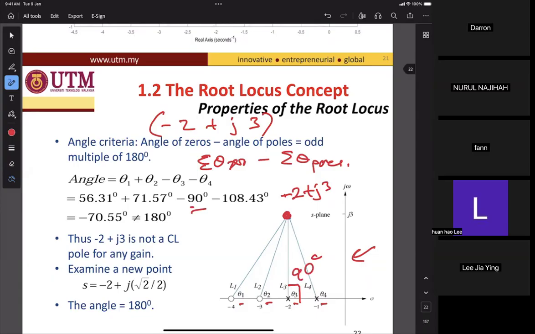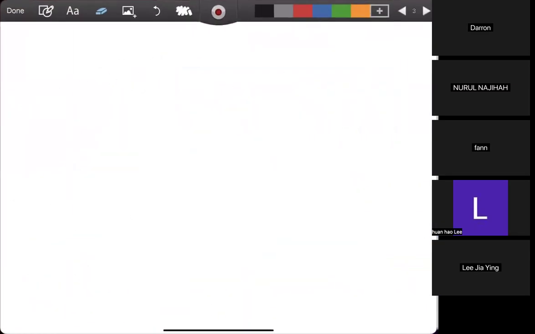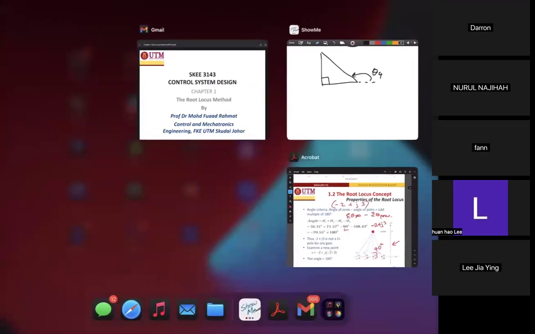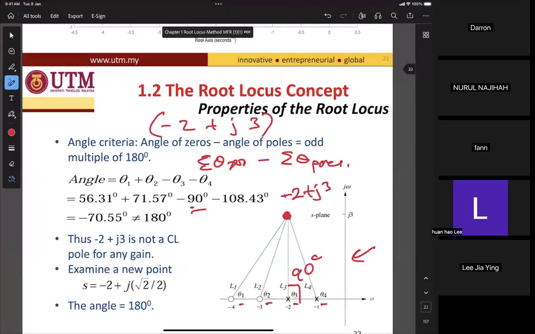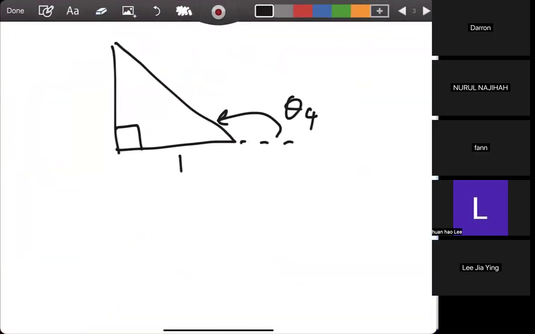And for theta 4, this is theta 4. This one is 1, this is 3. So let this one be alpha.